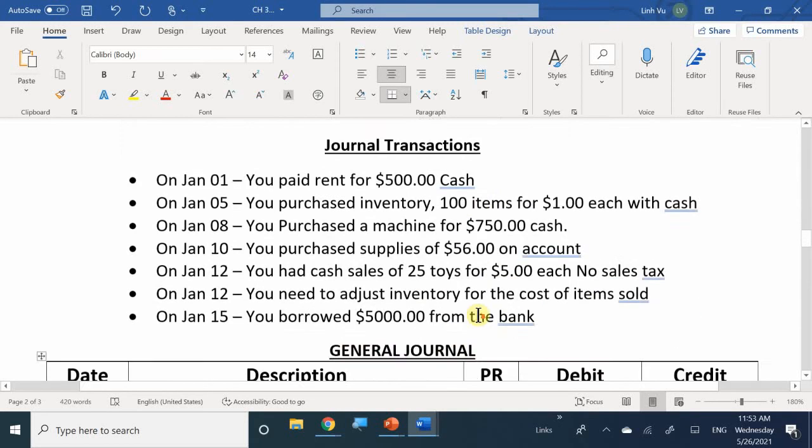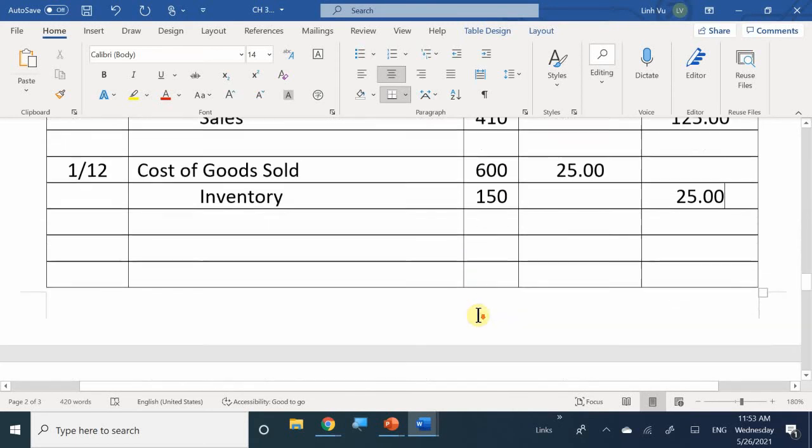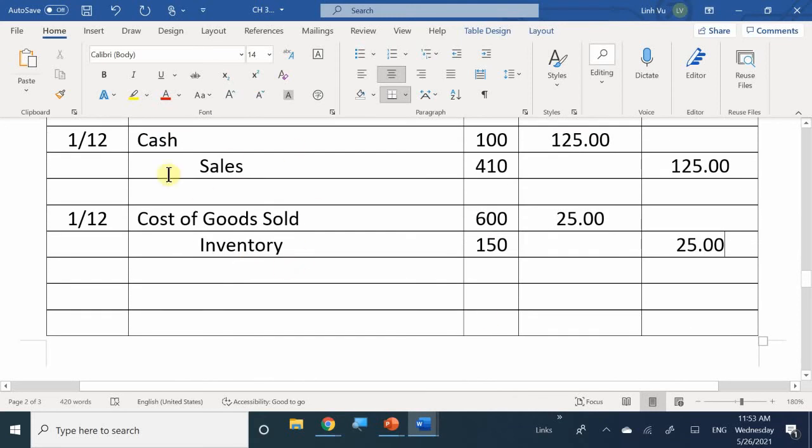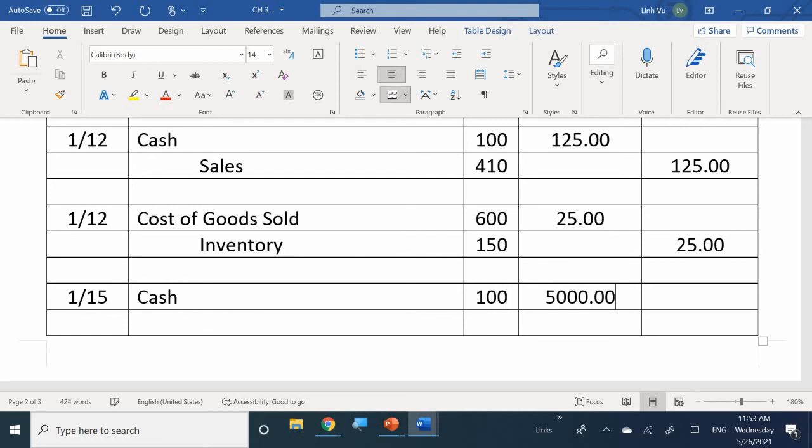Now, since I'm borrowing money from the bank, am I increasing my assets or am I decreasing my assets? Assets go up. Assets go up because you get money in return, for $5,000.